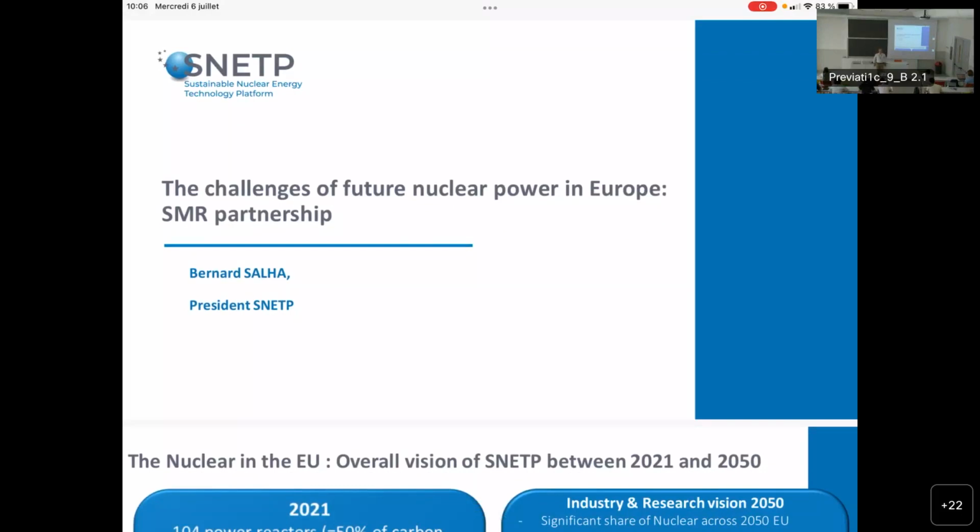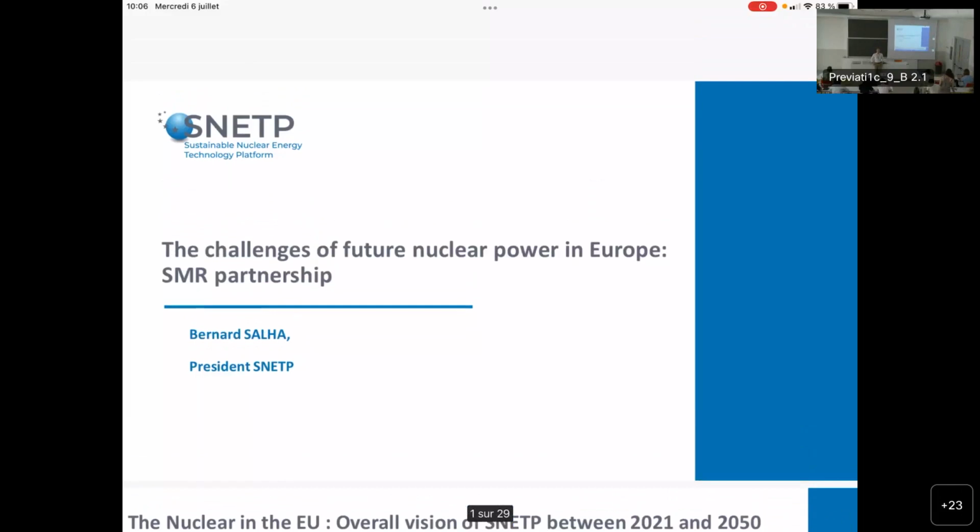So all the people involved in the nuclear sector in Europe more or less belong to SNETP. And Bernard is the president of this important organization in Europe. He's also working at EDF, so he's directly involved in the nuclear business. And he will share with us an important point of view on what's going on in the nuclear area in Europe.